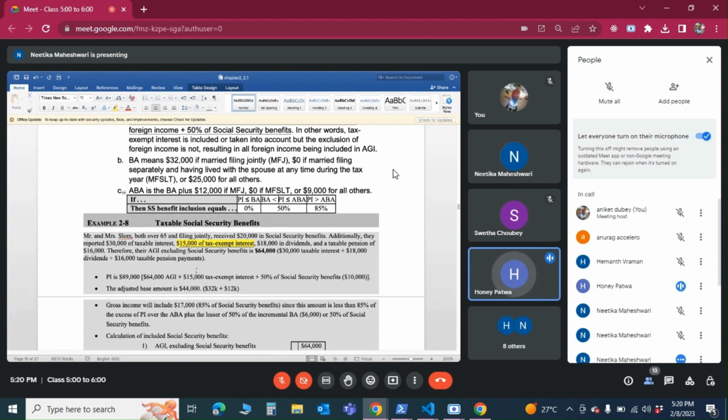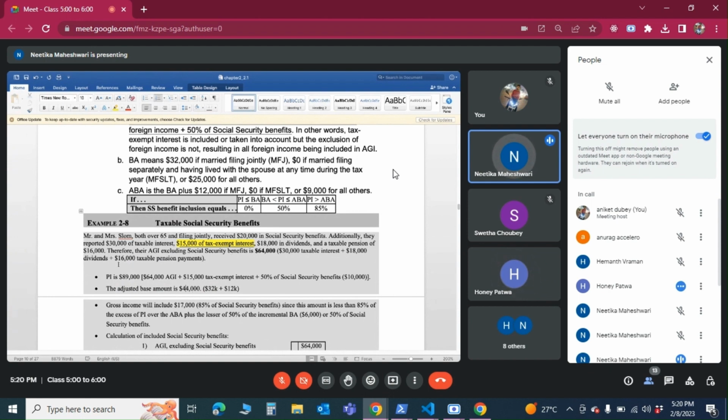PI is greater than base amount and it is greater than adjusted base amount also. So this condition is not satisfied, right? Yes, ma'am. PI is not less than ABA. So PI is greater than ABA. PI is 89,000, ABA is 44,000.